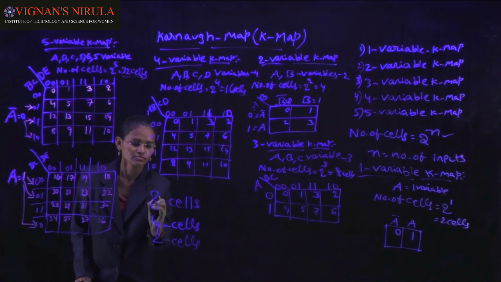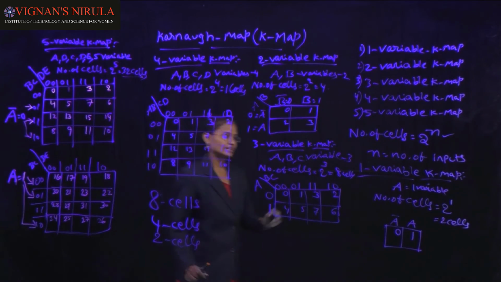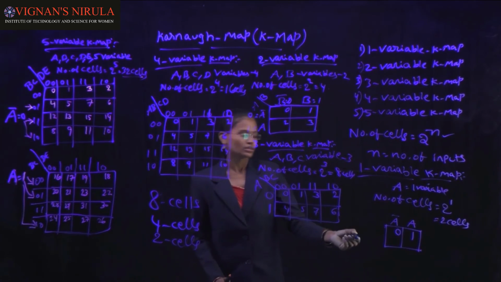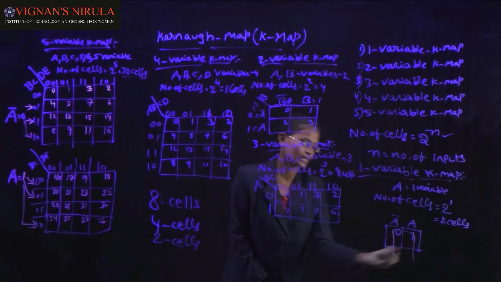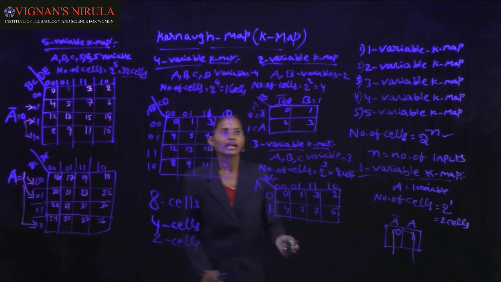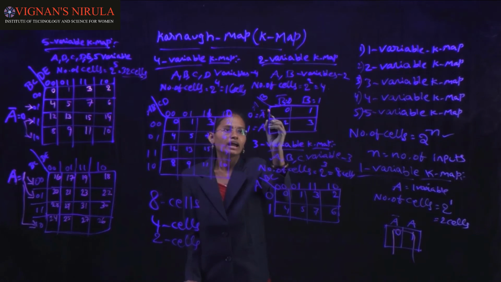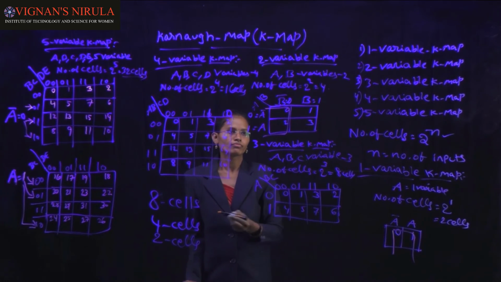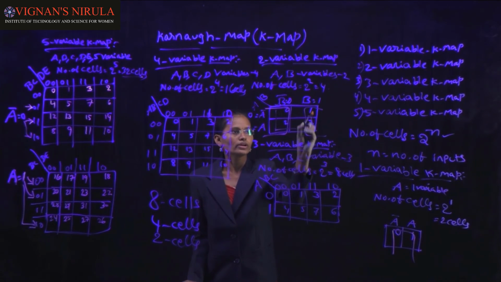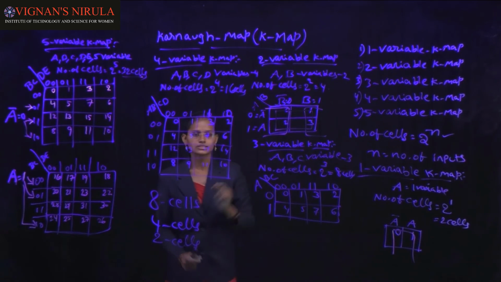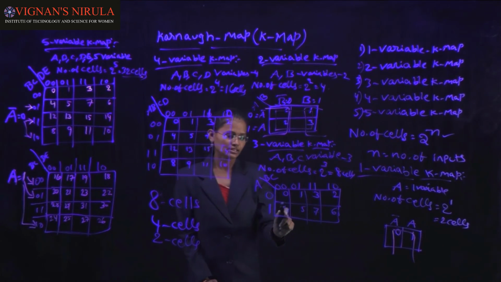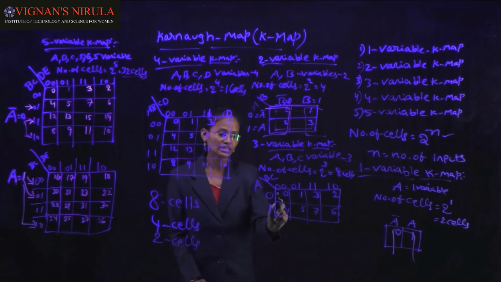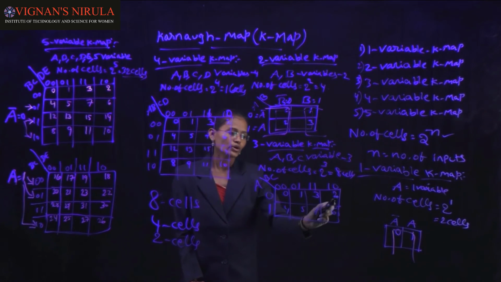Okay. In a 1 variable K-map, we group either 2 cells, these 2 cells, or 1 cell. And next here we are grouping either this row or this row, and this row. Okay. And next either grouping 0 4 or 2 6.